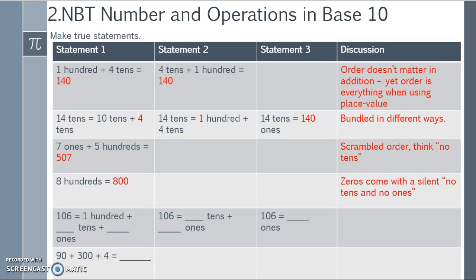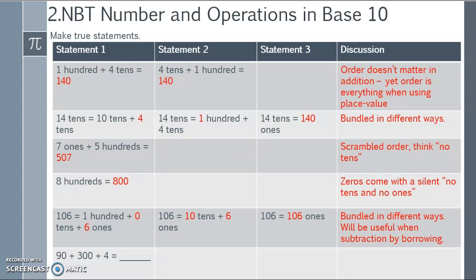106 equals 100 plus how many tens plus how many ones? So 106 equals 100 plus 0 tens and 6 ones. 106 could also be 10 tens and 6 ones, or 106 ones. So just like the second example, it's bundled in different ways.